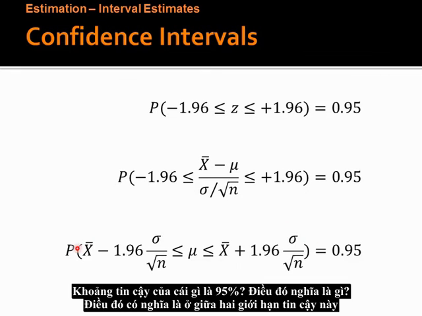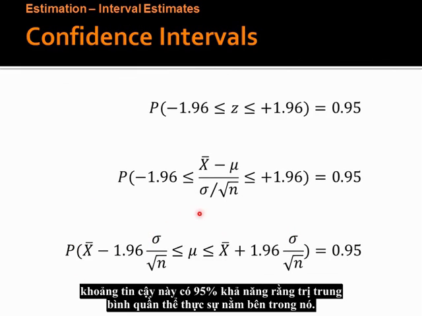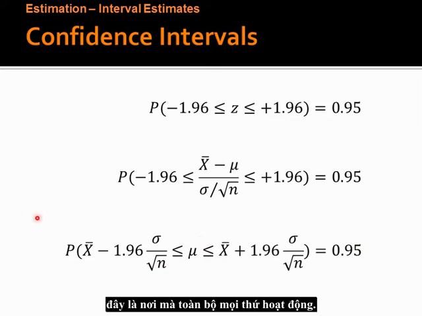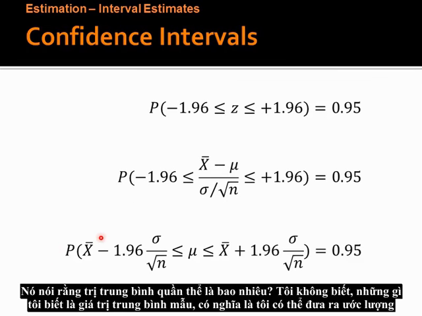Confidence interval of what? It is 95%. What does that mean? That means in between these two confidence limits, this confidence interval, I have a 95% chance that the true population mean lies inside it. Okay? This is where the whole thing works out. It says that what is the population mean? I do not know.